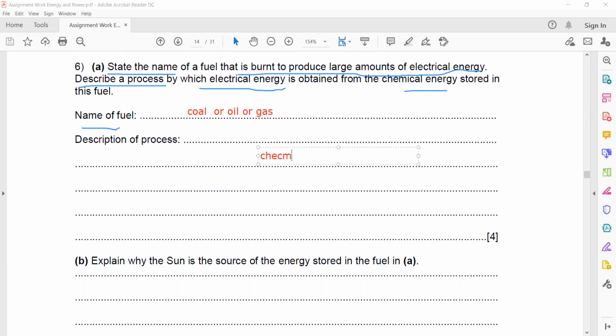So chemical energy of the fuel is released by combustion, changed to heat energy, which is released by burning or combustion.